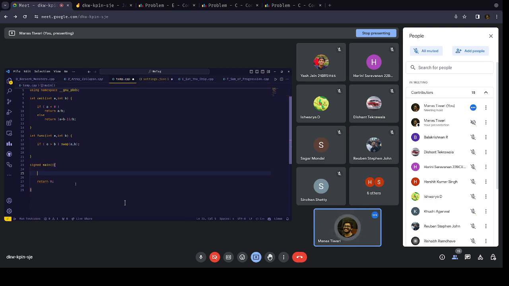They just do n by 64 or something, based on the number of bits. Okay, that's all. You can go and read about bitsets. Bitsets are fairly new.